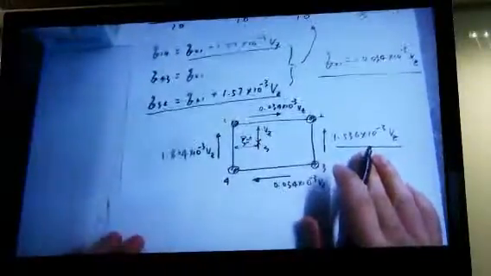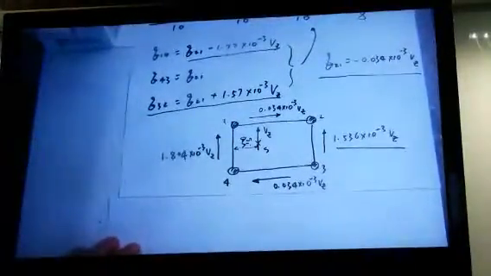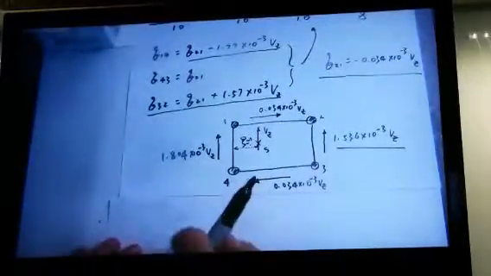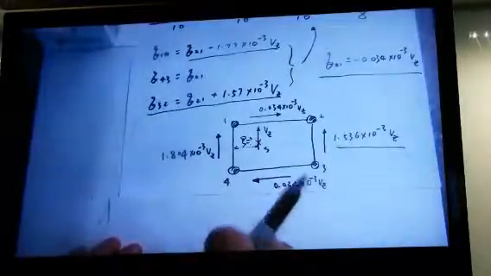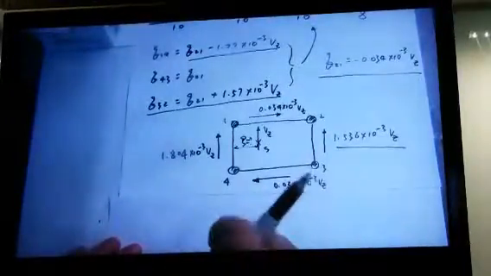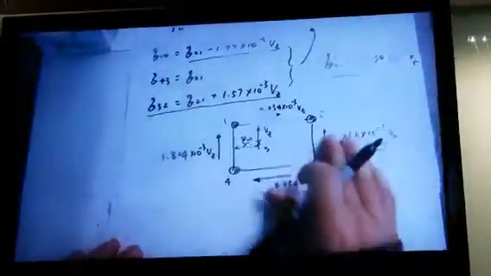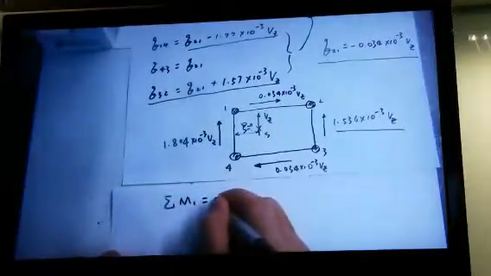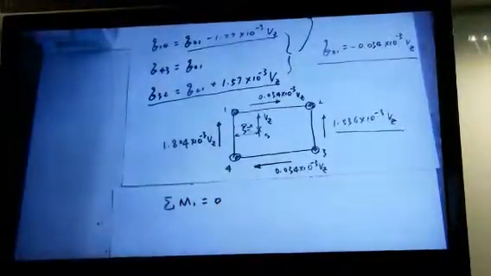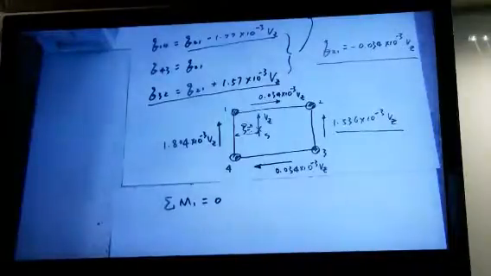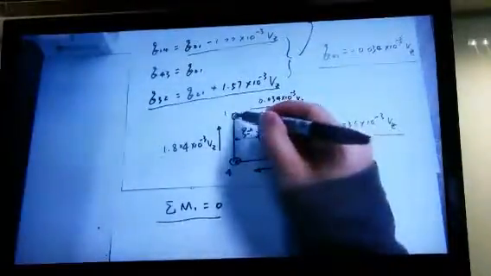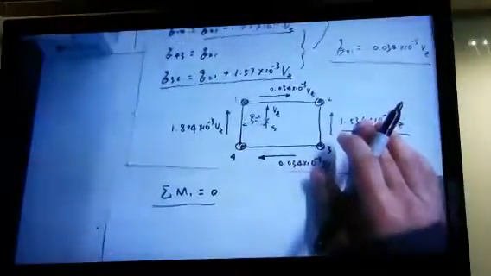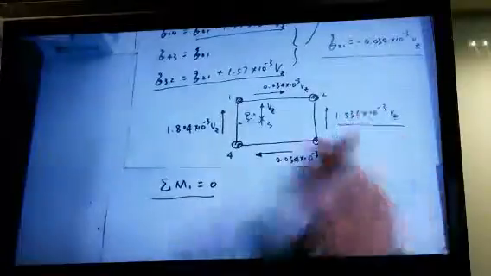So again, we can use the definition of shear center. When you're applying a force on the shear center, the moment induced by the shear force should be balanced by the moment induced by the shear flow. Okay, so that means we can take any point and do a moment balance, M1. Just take moments about point 1, with the moment induced by the external force balanced by the shear flow.